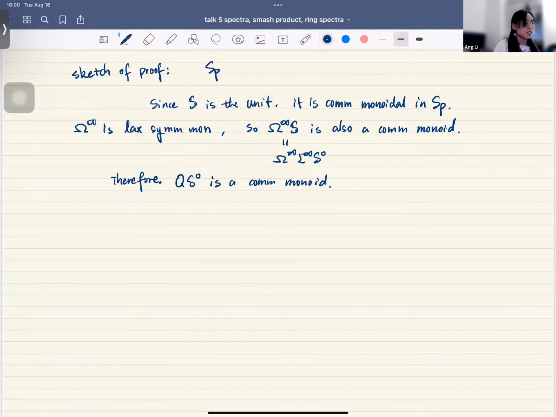So far, so good. Okay, but we have another theorem. Moore's theorem says there are not that many things that have the strict ring structure in this category.